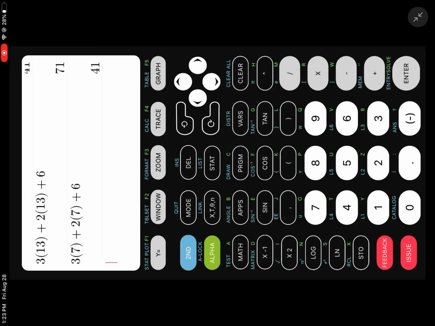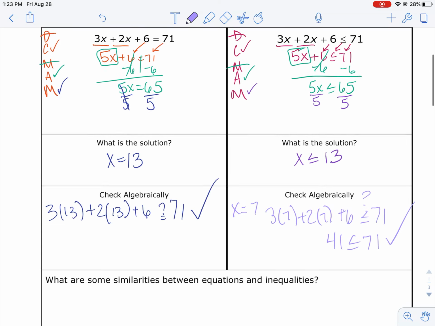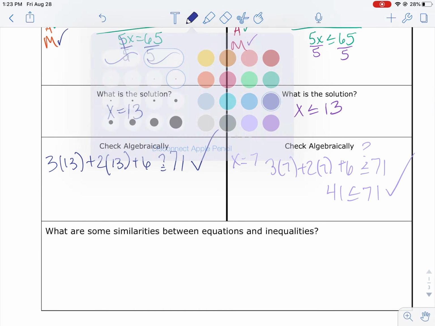So I plug in a number that is less than 13 because that's in my solution set, and I get 41. 41 is less than 71, so that is my solution set.